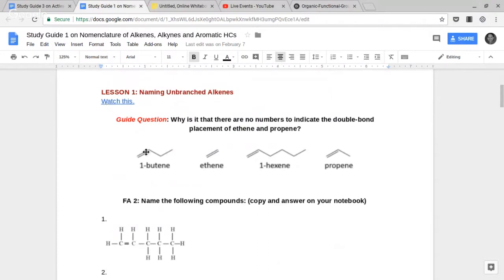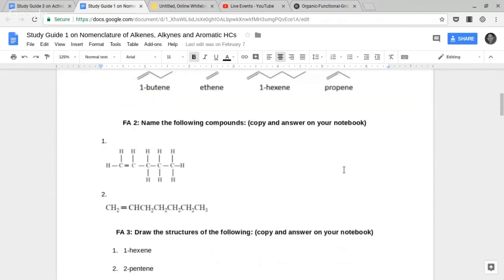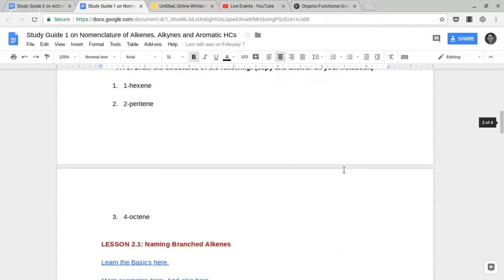So you have to indicate the location of your double or triple bond, except if it's ethene or propene, because they're very small alkene compounds with very few carbons. That means you don't have to number them, because wherever you put the double bond, it doesn't change. It's just in the same place. But if you have more than 3 carbons onwards, then you have to number your double bond. So you have all of these examples and you have to draw them.